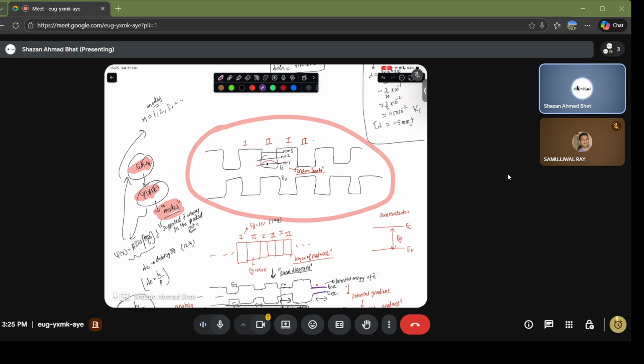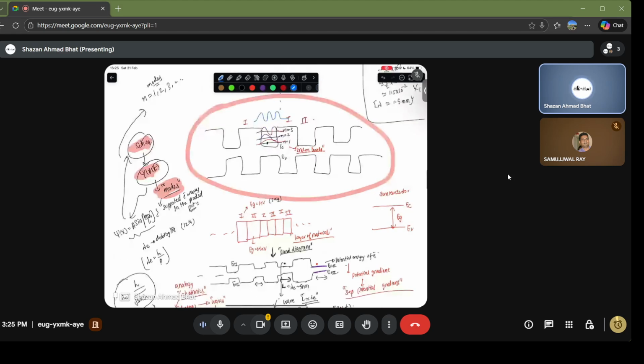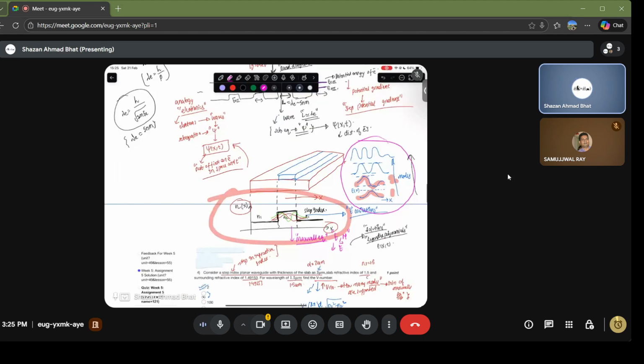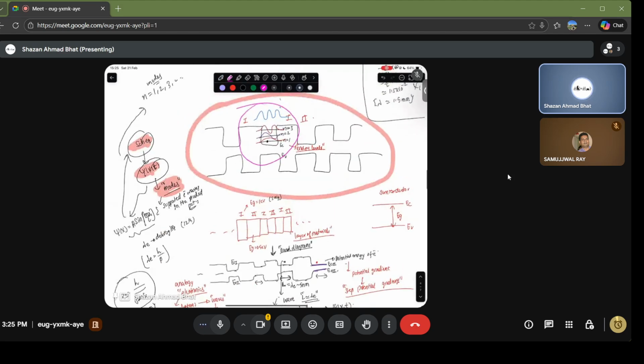For n equals 2, it looks like this. For n equals 3, it looks like this. If you go higher and higher, n equals 4 will look something like this, so on and so forth. And this is exactly similar to the electromagnetic waves propagating through the dielectric slab. So that is the beauty.